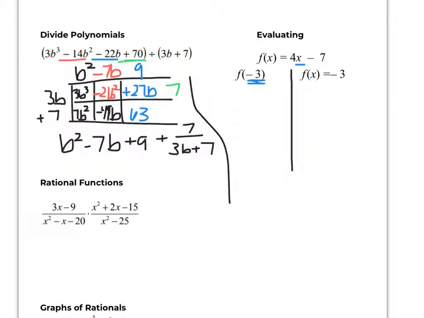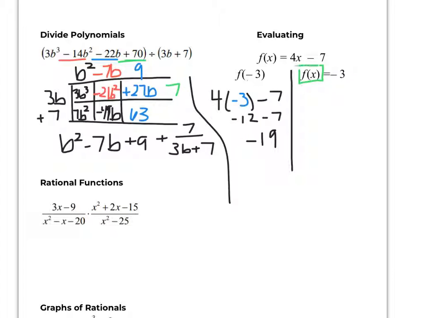So in this problem, f of negative 3 would be 4 times negative 3 minus 7. So negative 12 minus 7, which would be negative 19. No big deal, right?